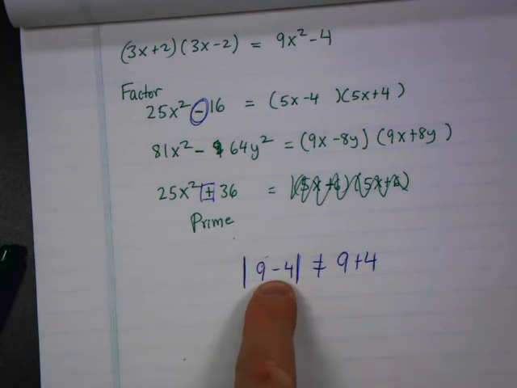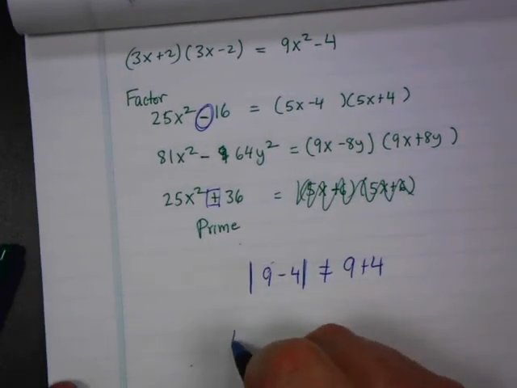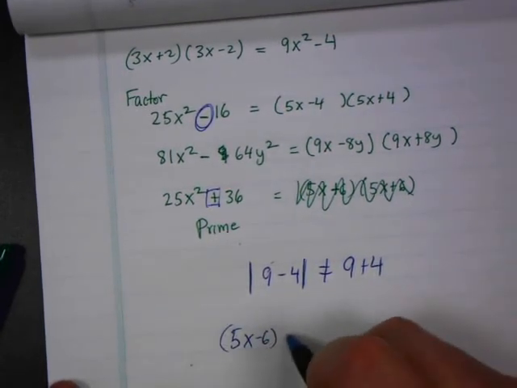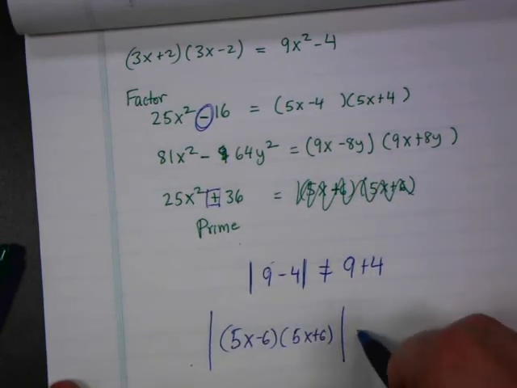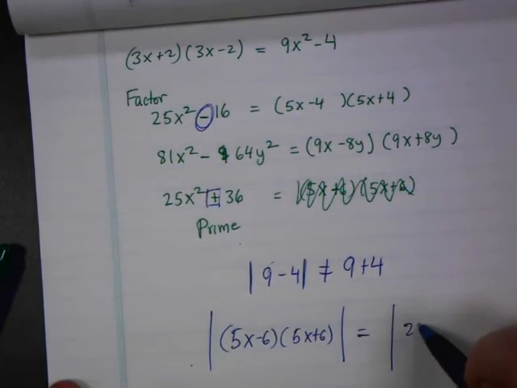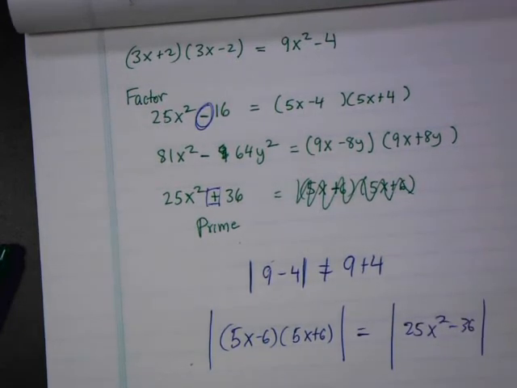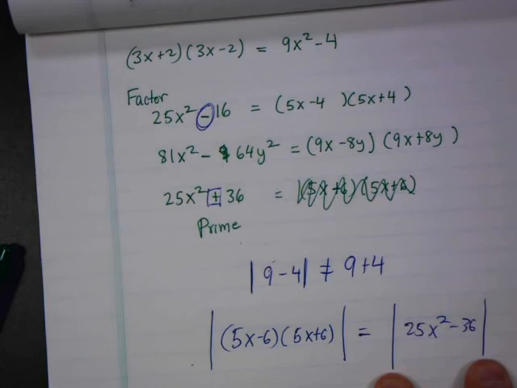Absolute value of 5x minus 6 times 5x plus 6 would be the absolute value of 25x squared minus 36. But unfortunately, absolute value doesn't allow me to just change that to a positive. Absolute value doesn't work well dealing with adding and subtracting, only with multiplying and dividing.